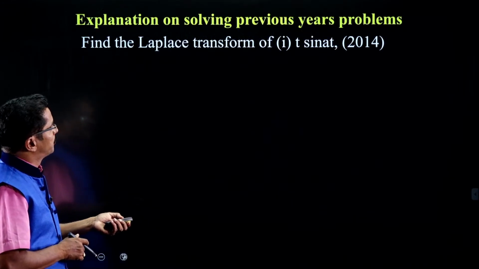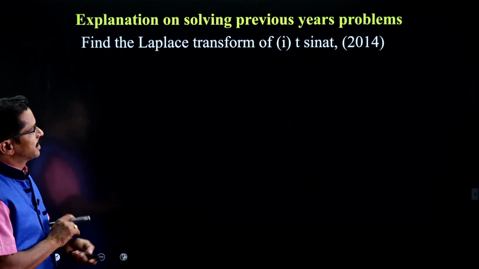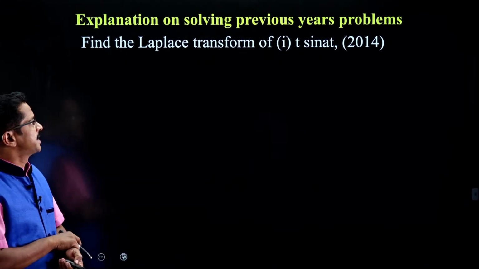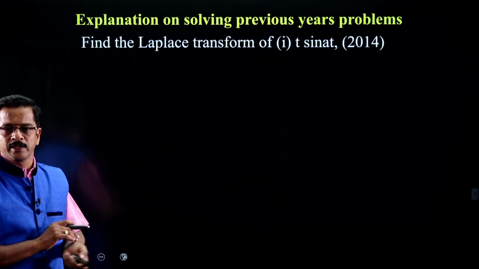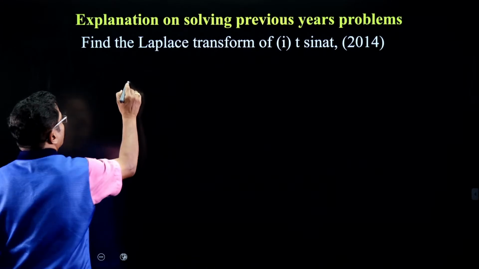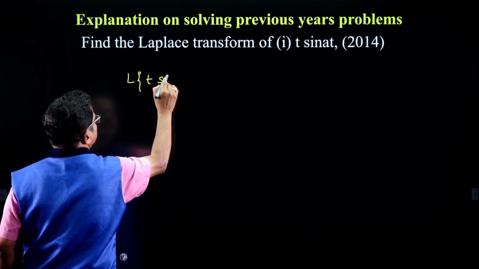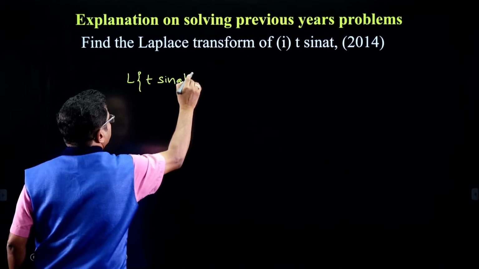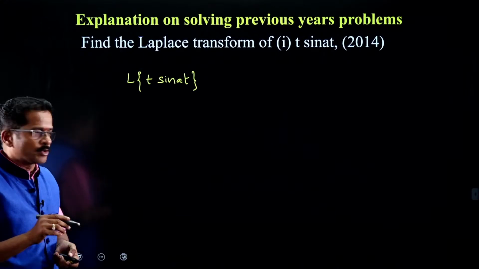Let us see the problem. So t sin at, which was asked in 2014, means sin at is multiplied by t. So here t power is 1. So then L of t sin at, which is multiplied by t power 1.